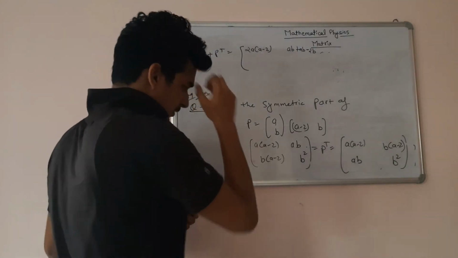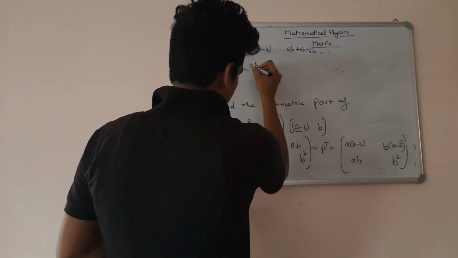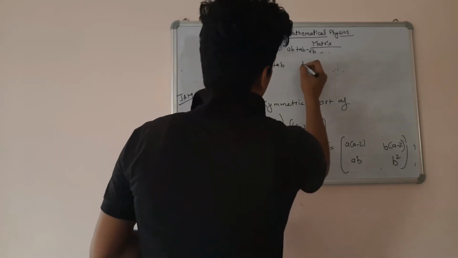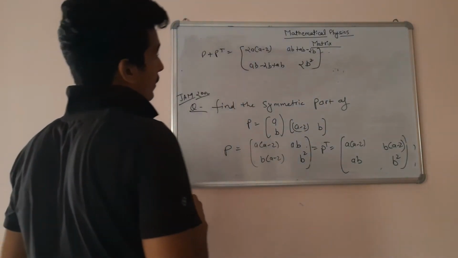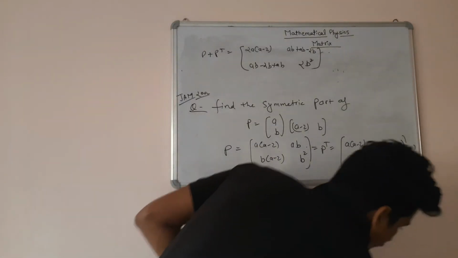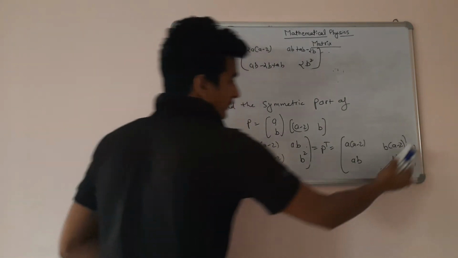Okay. Now we have to add this. So AB minus 2B plus AB, and this is just 2B square. You can note this question.